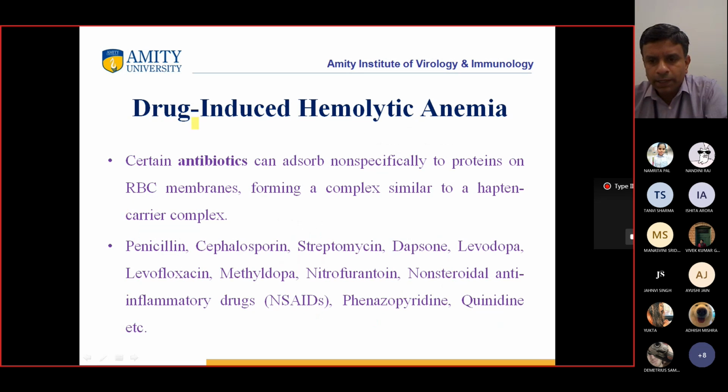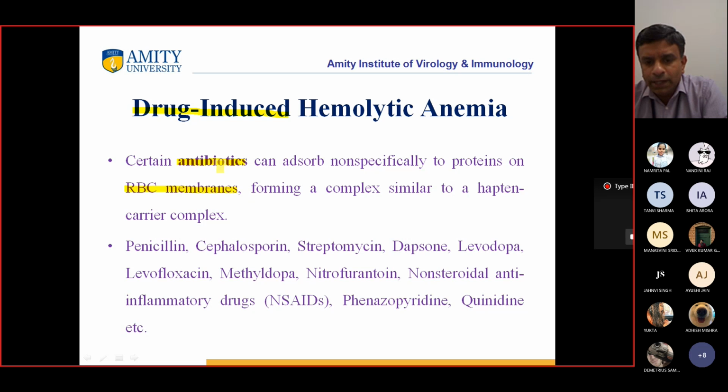Another type of hemolytic anemia is drug induced hemolytic anemia. Some people may be allergic to some antibiotics. Certain antibiotics can adsorb non-specifically to proteins on RBC membranes, so these antibiotics can bind on the RBC membrane.